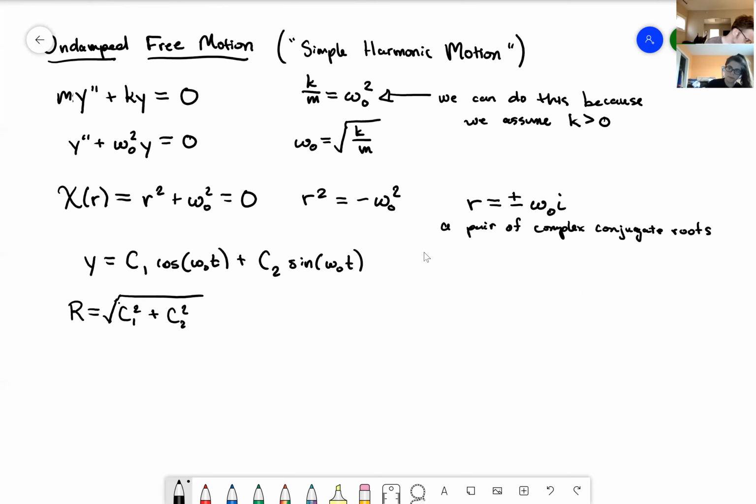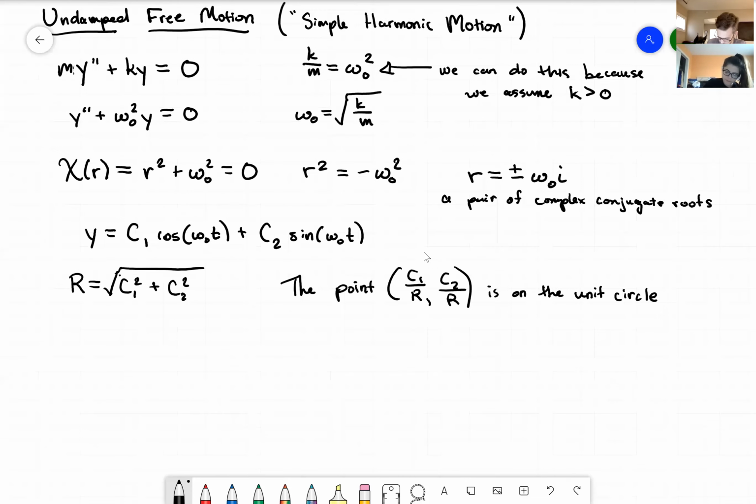So when we get C1 over R and C2 over R, the point, or the vector, C1 over R, C2 over R, is on the unit circle.